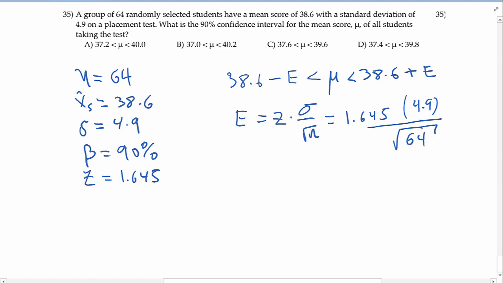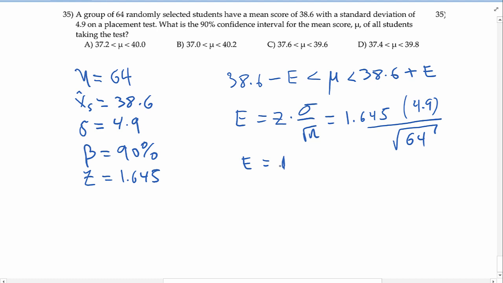So the square root of 64 is 8. So the E is equal to 4.9 times 1.645 divided by the square root of 64. And I got 1.